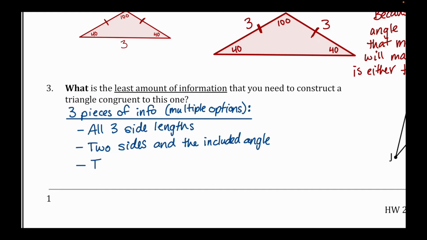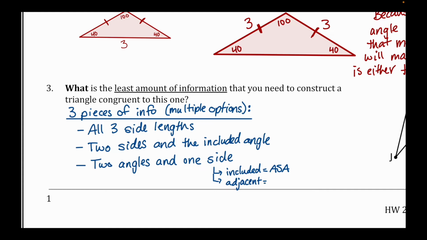So I would need 2 angles and 1 side. A side note on this: if we say the side is included, that would give us ASA, or if it is adjacent, which means next to, that would be AAS.